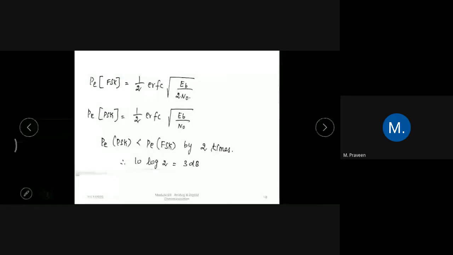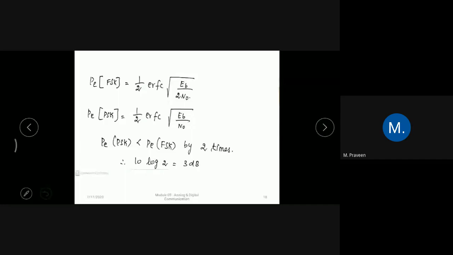The probability of error formula for FSK is 1 by 2 erfc of square root of Eb by 2N naught. The probability of error of PSK is 1 by 2 erfc of square root of Eb by N naught.